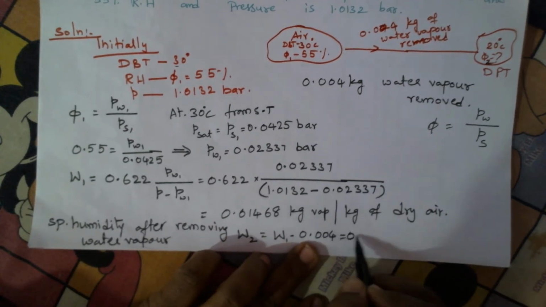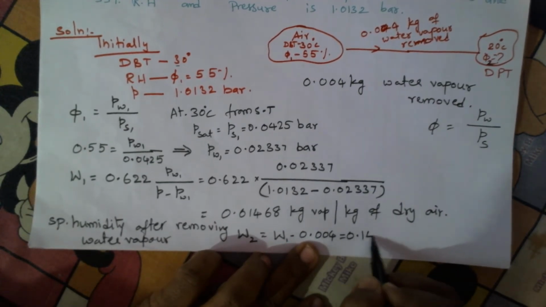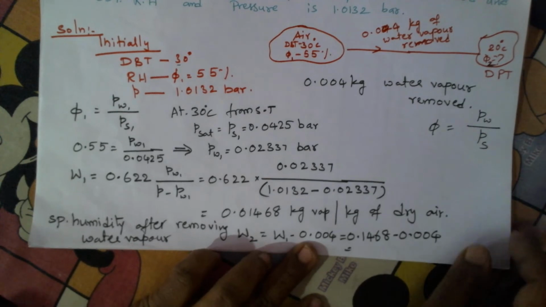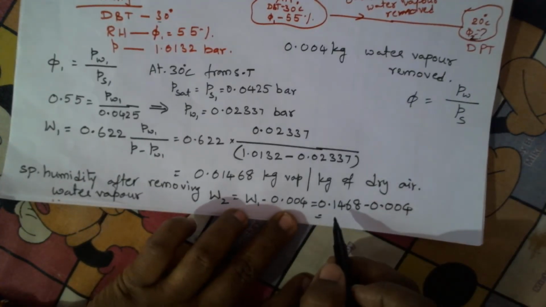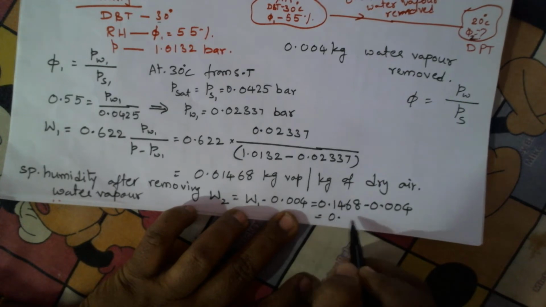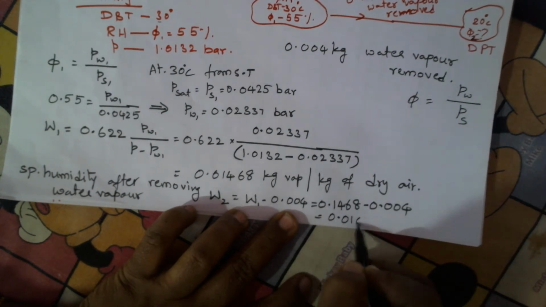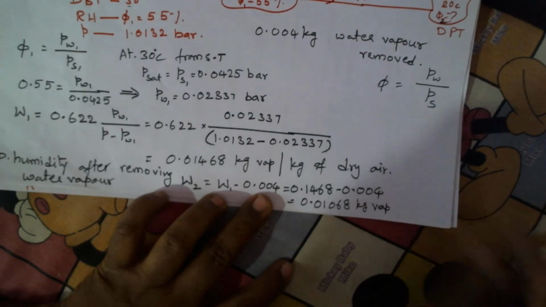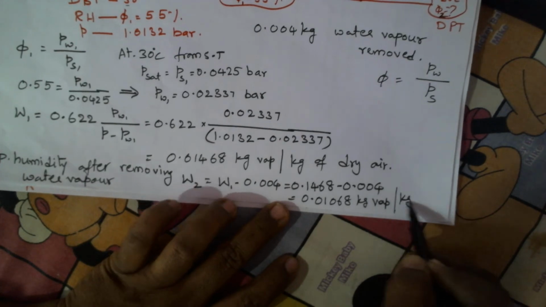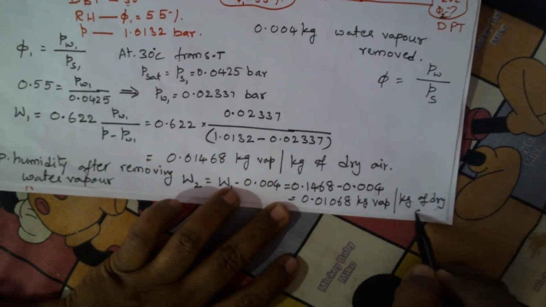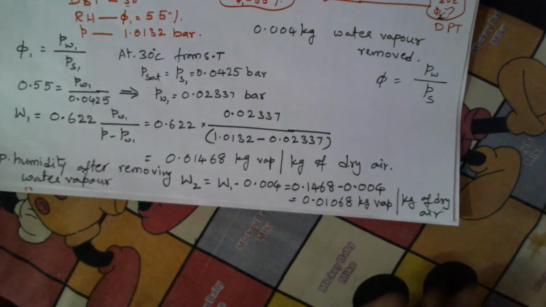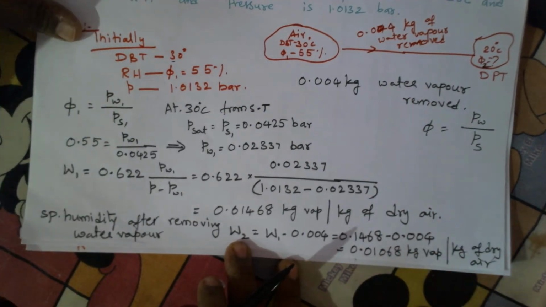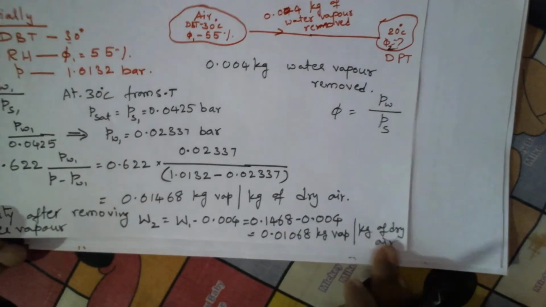Therefore W2 is calculated as 0.01468 minus 0.004. What is the value we are going to get with this? That is 0.01068 kg of vapor per kg of dry air. So we are able to get the specific humidity at condition 2.